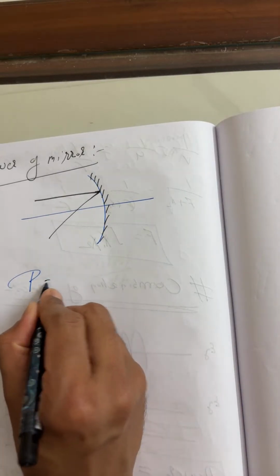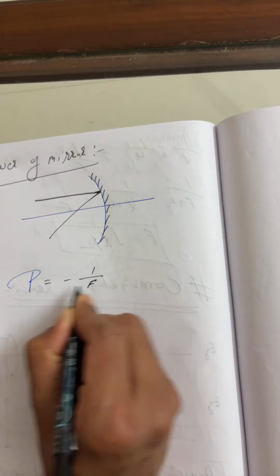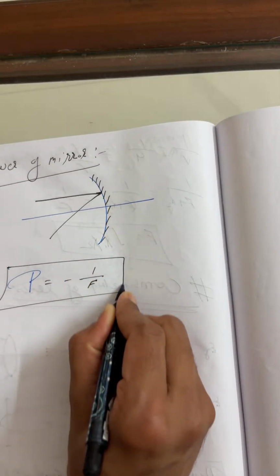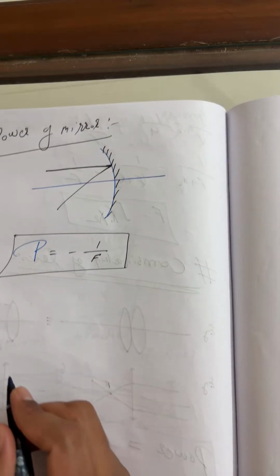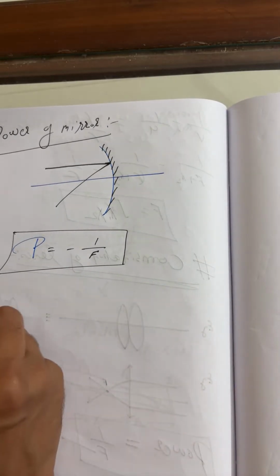P is equal to minus 1 by F, right? Power equivalent for combination of lenses.